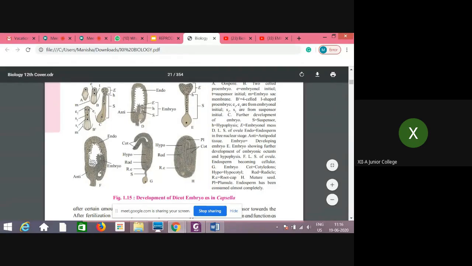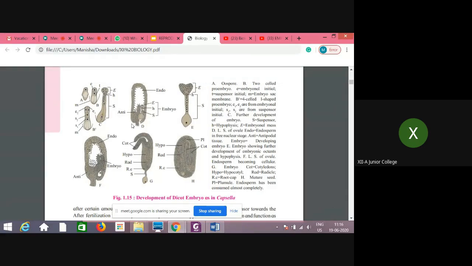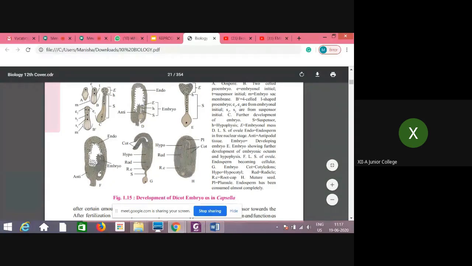Now, for your better understanding, you can look at the next diagram, labeled D. You can see here the entire structure of the ovule. You can see the integuments, 2 integuments, the outer integument and inner integument, and this is the funicle, and this is the opening called the micropylar opening, and here is the entire structure of the suspensor.